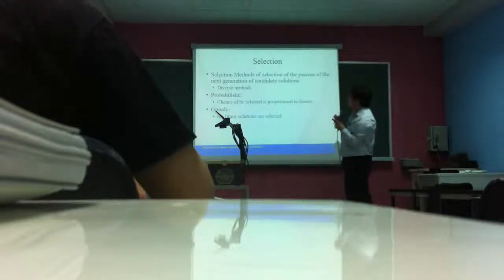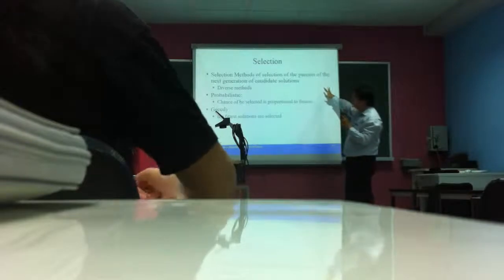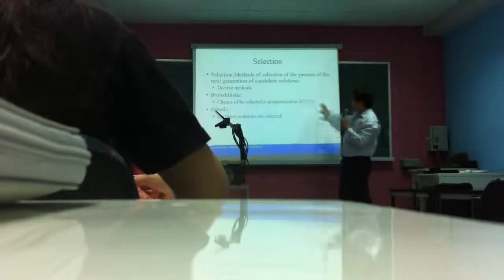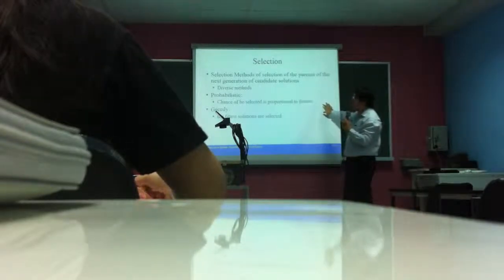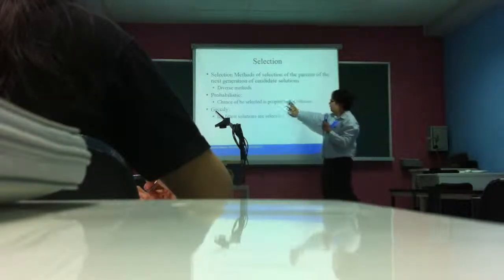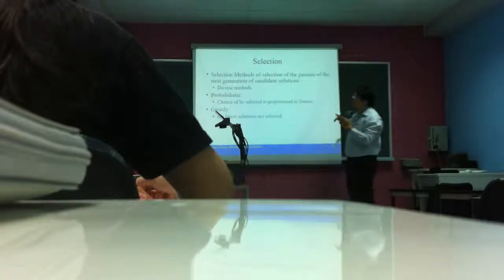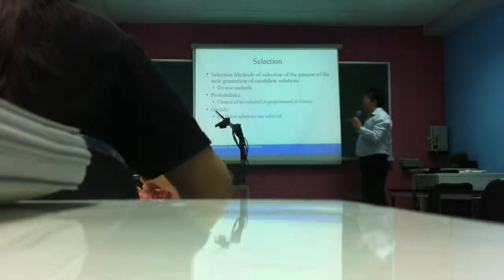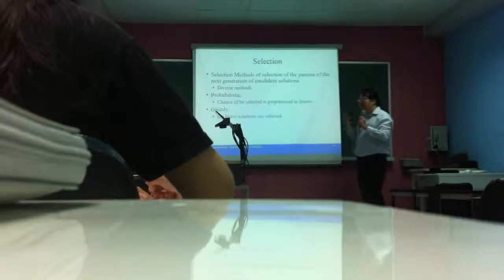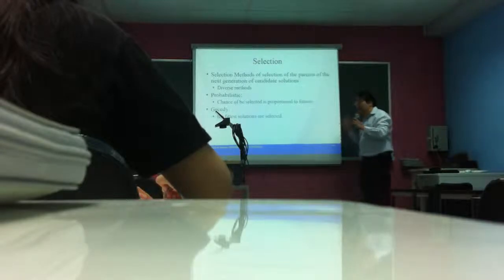The way of selection is to select the destination with the level threshold. From this, you can calculate the probability, the chance that the selection is proportional to fitness. Such as, if you generate 10, you can fix the ratio that you want to choose just 4, and another 6.